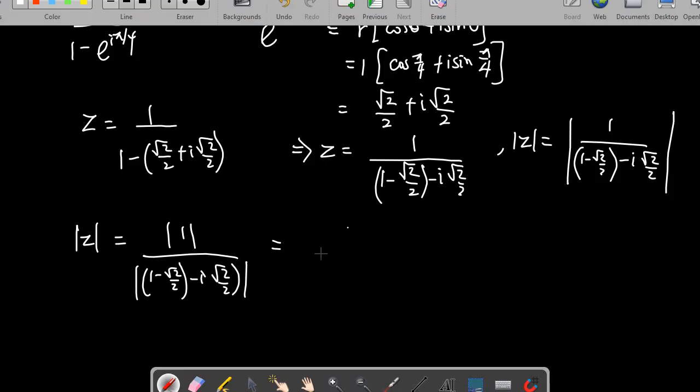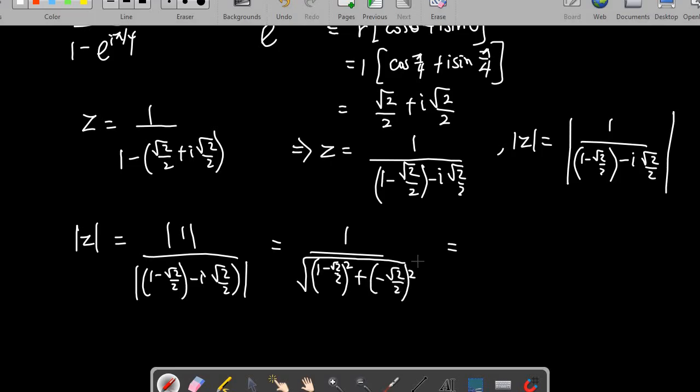And the modulus of 1 is just 1, and the modulus of what you have in the denominator is the square root of 1 minus root 2 over 2 all squared, plus minus root 2 over 2 all squared.